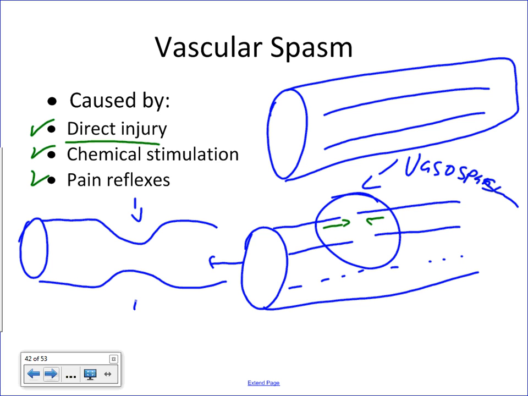In the area where the damage took place, it's going to constrict. Part of that's going to be caused by the direct injury. Part of that's going to be caused by some of the cells that are damaged and broken open in the area releasing chemicals that stimulate the muscle tissue to contract.